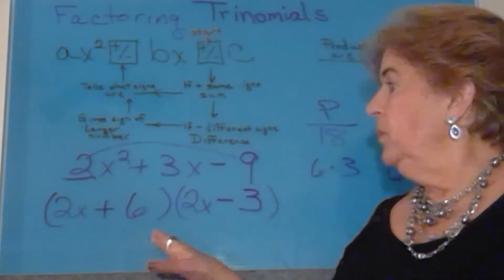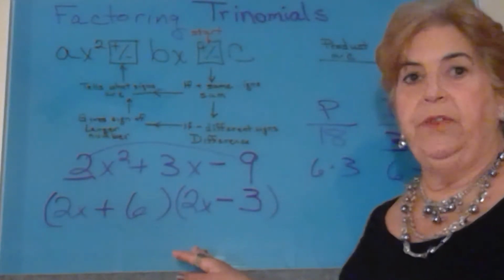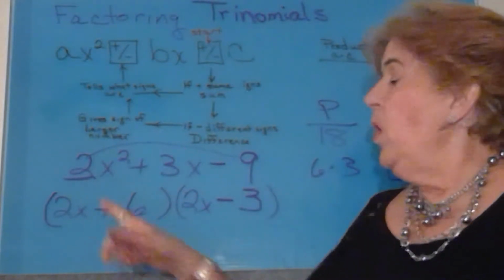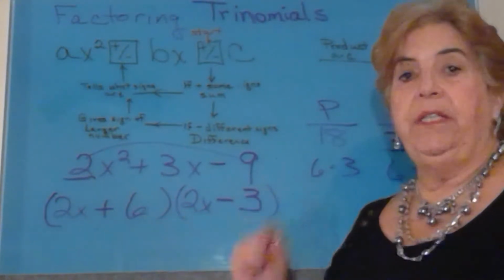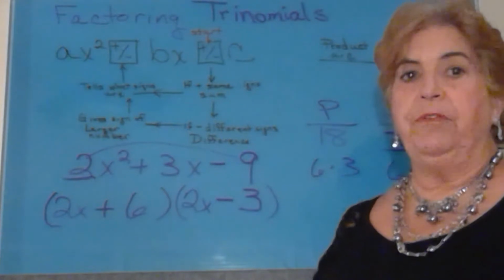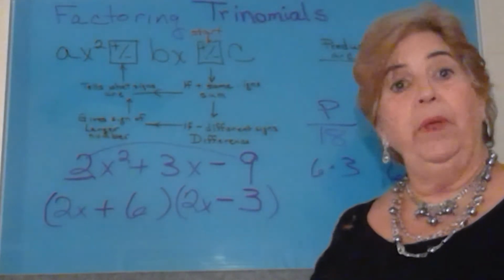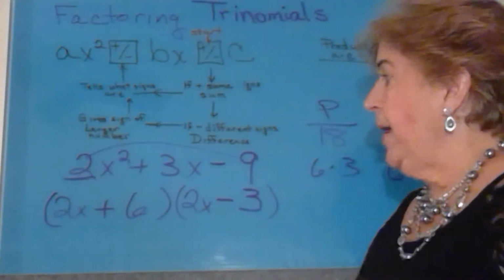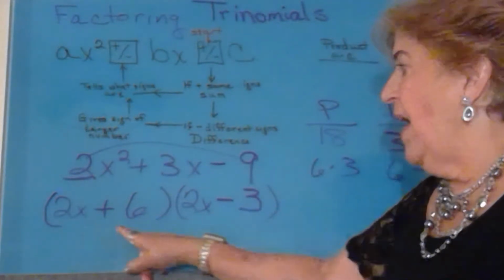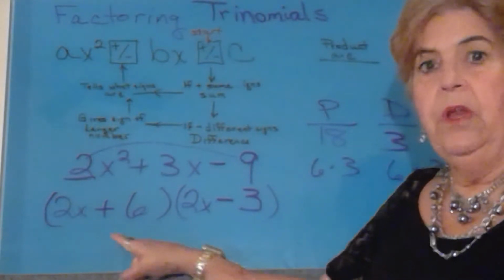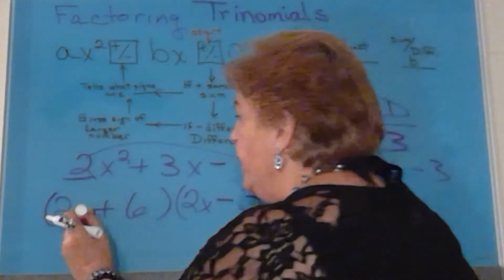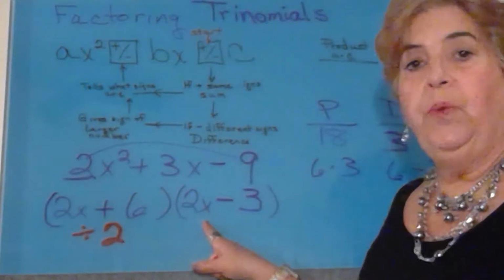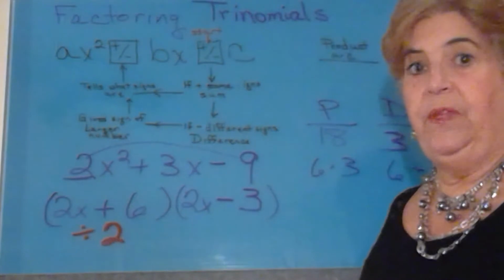Now, I told you that this isn't going to be the right answer. But what you need to do, when you put a 2x here and a 2x here, you introduced an extra factor of 2. We need to get rid of that factor. Well, looking at this, you should be able to see that I can divide a 2 out of this factor. 2x and 6, I can divide a 2 out of. The 2x minus 3, I can't divide anything out of that.